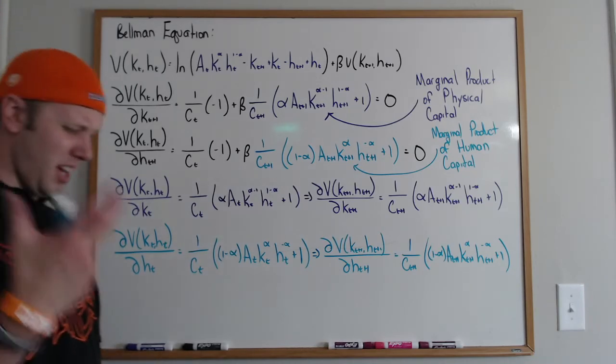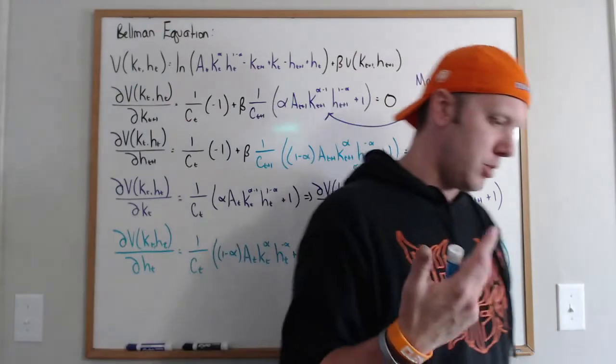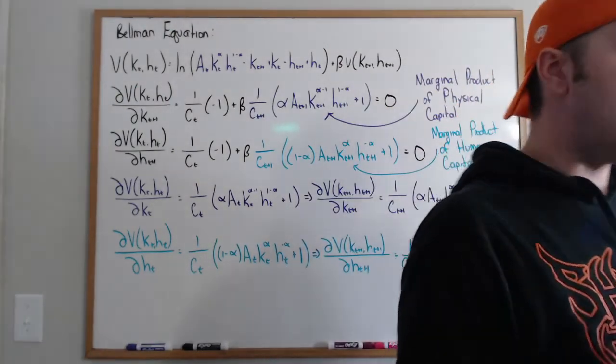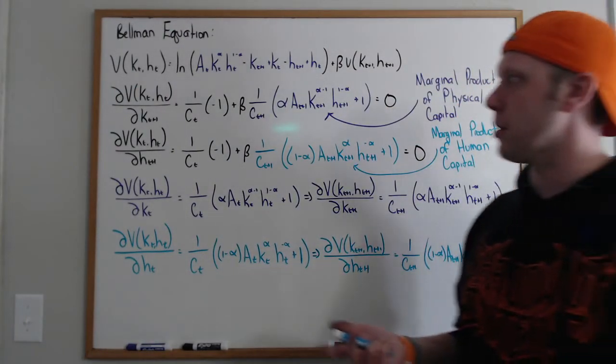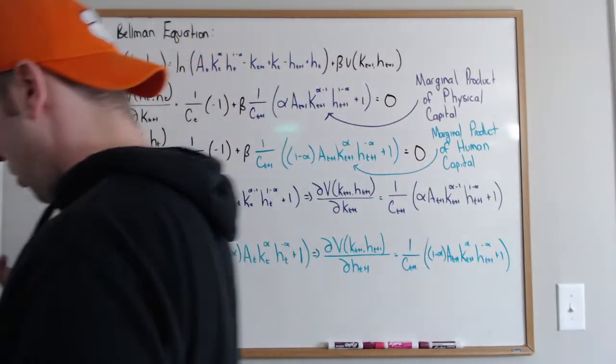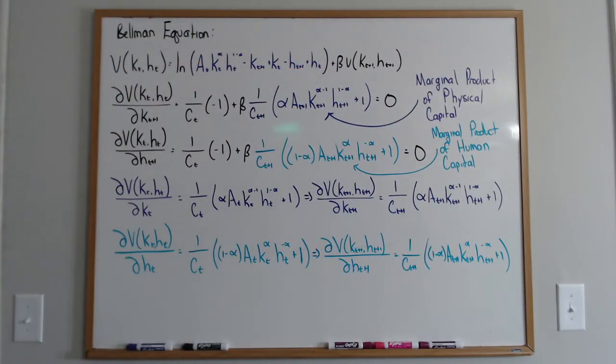Now you're probably going, what the hell? I thought there was just 1 Euler equation. Well, there's 1 Euler equation in certain cases, and sometimes we get more than 1. Here we have more than 1 Euler equation, because there are multiple ways that we can either consume or save, right?